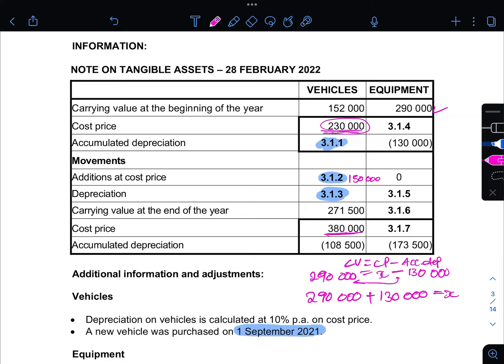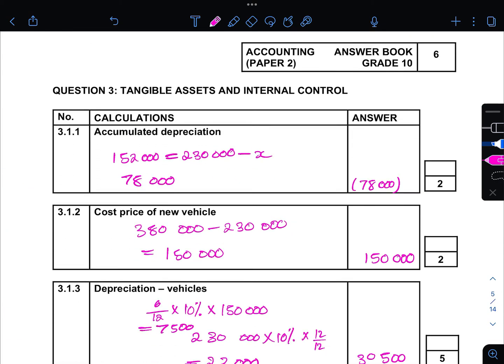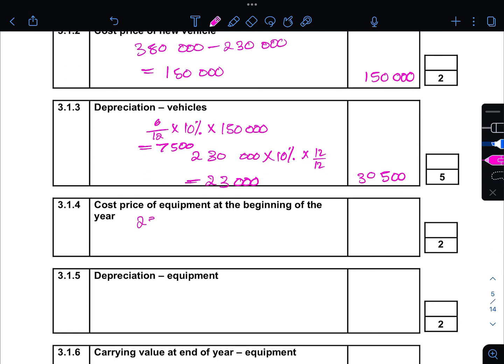So x is equal to 420,000. Okay, so now that's your cost price. We added 290,000 plus 130,000, which gave us 420,000. Okay, so that's your answer.